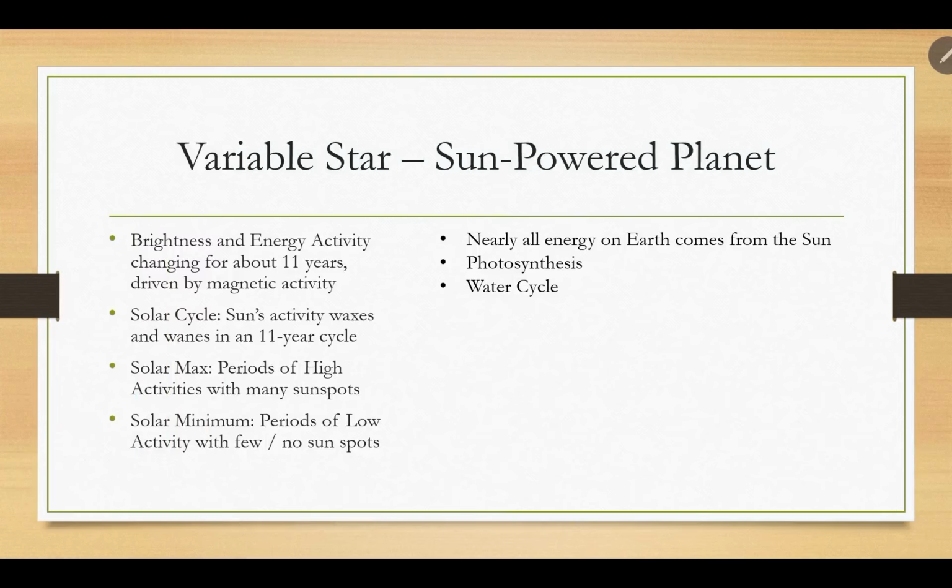And then moving on to Earth, I also learned that Earth is a very sun-powered planet. Sun-powered planet means nearly all the energy on Earth comes from the sun. We look at photosynthesis, as it's an integral part of solar radiance; it is needed for plants to undergo photosynthesis.